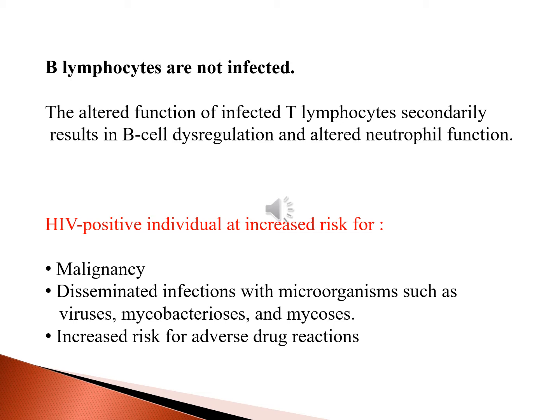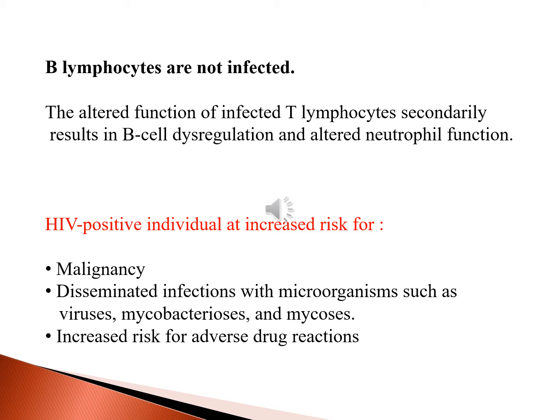The B lymphocytes are not directly affected by the virus, but due to the altered function of T lymphocytes, there is secondary involvement of B cells, which results in B cell dysregulation and also altered neutrophil functions.